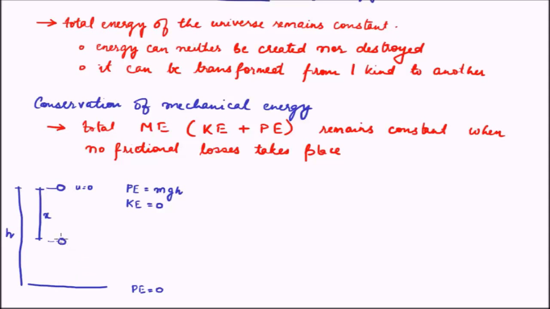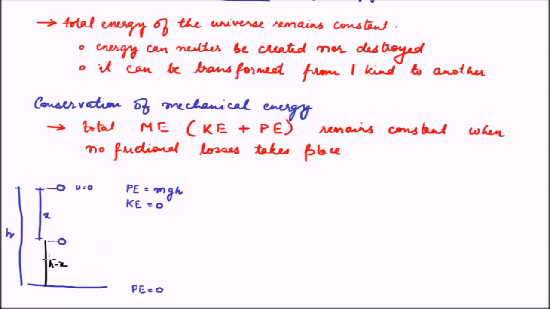Now if we want to find the potential energy at this position, we need to calculate this height, because the potential energy at this height will be given by mass into gravity into the height above the surface of Earth. Now we can see that this height is h minus x.